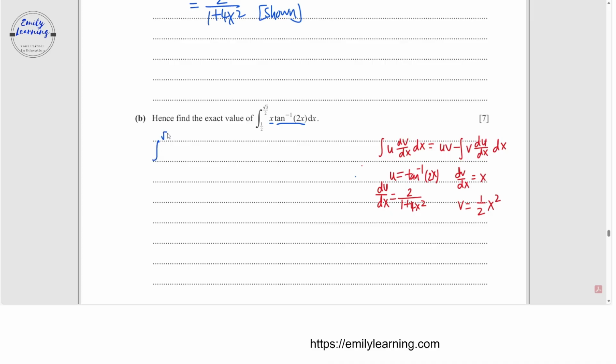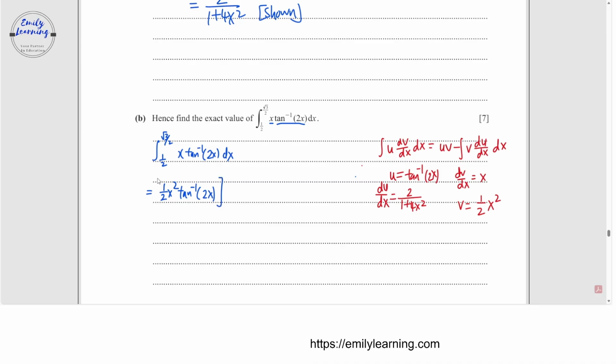Okay, so integrating this by parts is equal to u times v, so half x squared tangent inverse 2x.